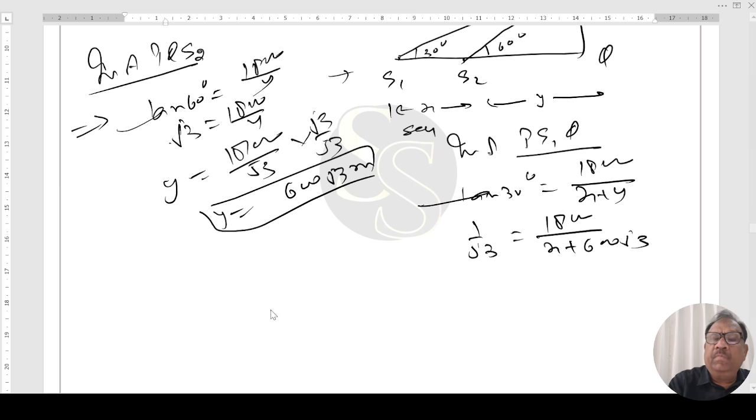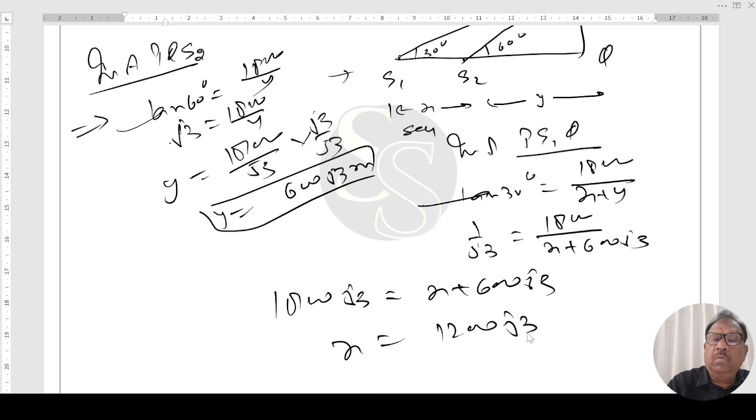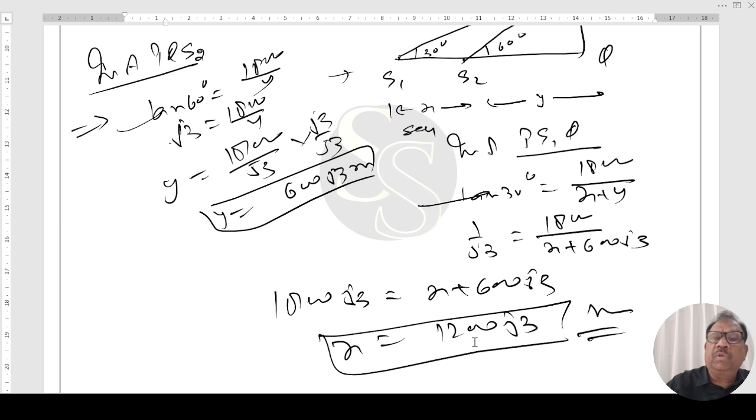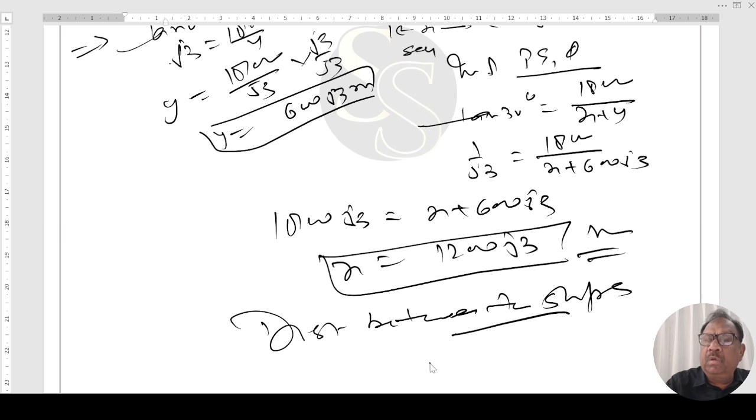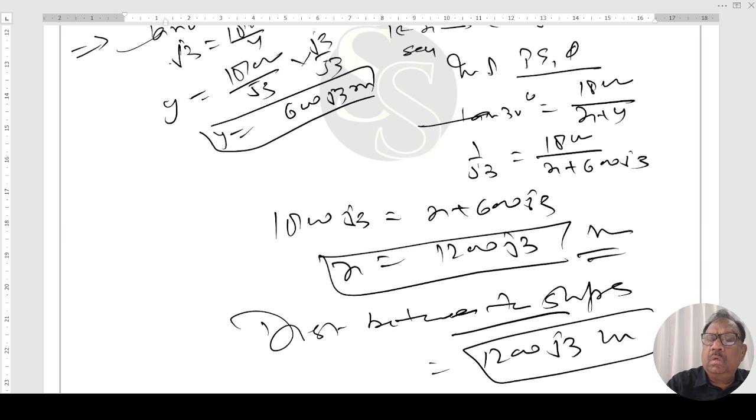On simplification, 1800 root 3 equals x plus 600 root 3. X comes out to be 1200 root 3 meter. Means the distance between the ships when observed was 1200 root 3 meter. This is the answer.